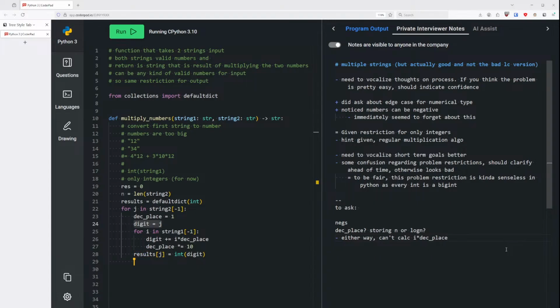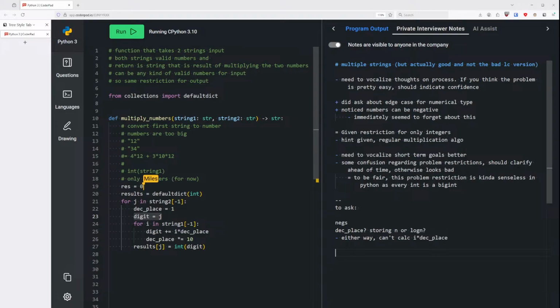Okay, so let me go through this again. And so I stored my results, and at the start I have my residual, or my return is 0. I'm looping through string 2 in reverse.